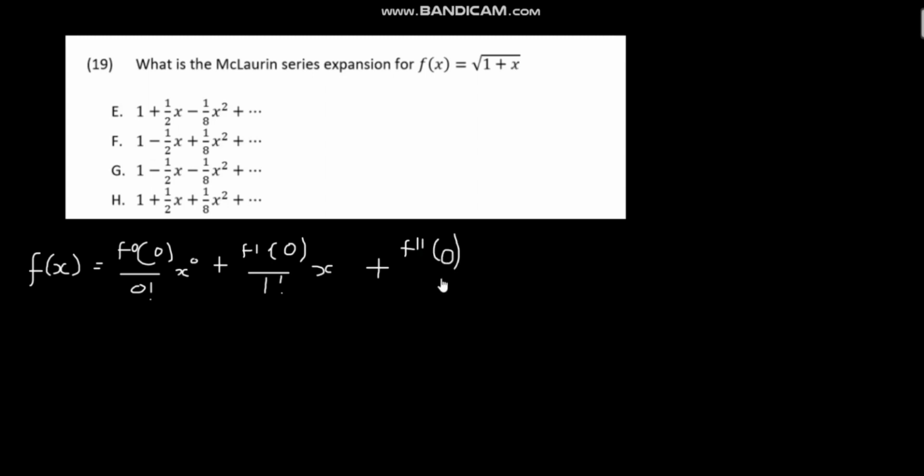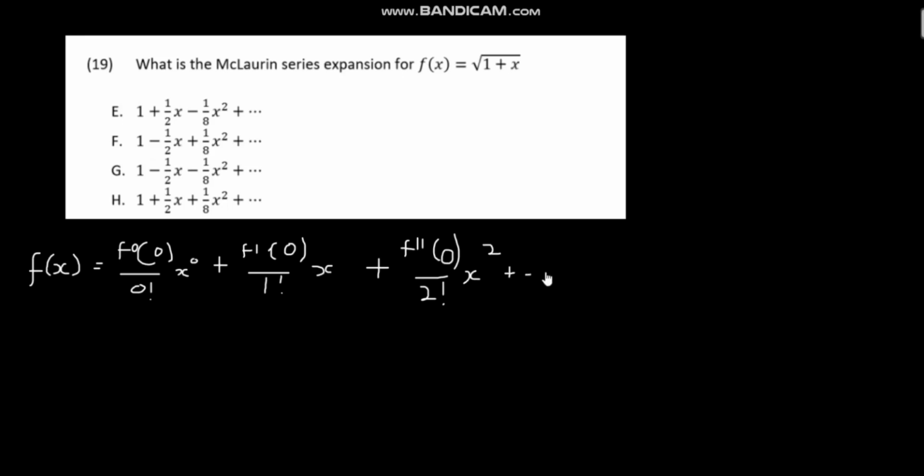The function f of x can be written in series form as the zero derivative of the function at 0 over 0 factorial times x to the power 0, plus the first derivative of the function at 0 over 1 factorial times x to the power 1, which is x, plus the second derivative of the function at 0 over 2 factorial times x to the power 2.